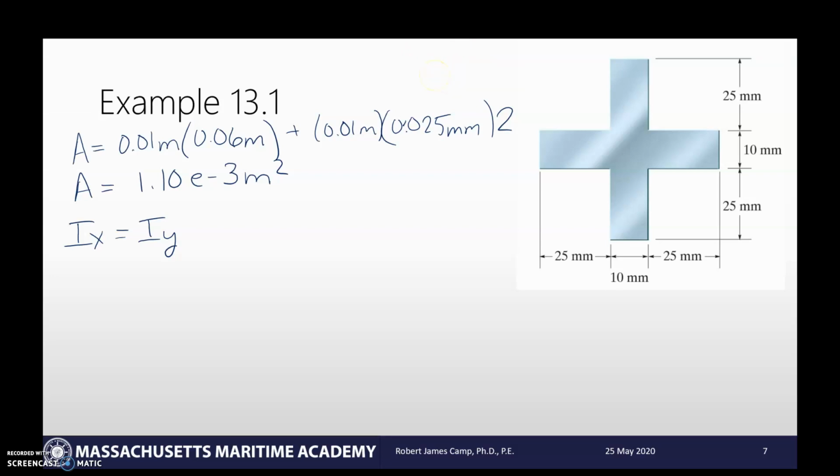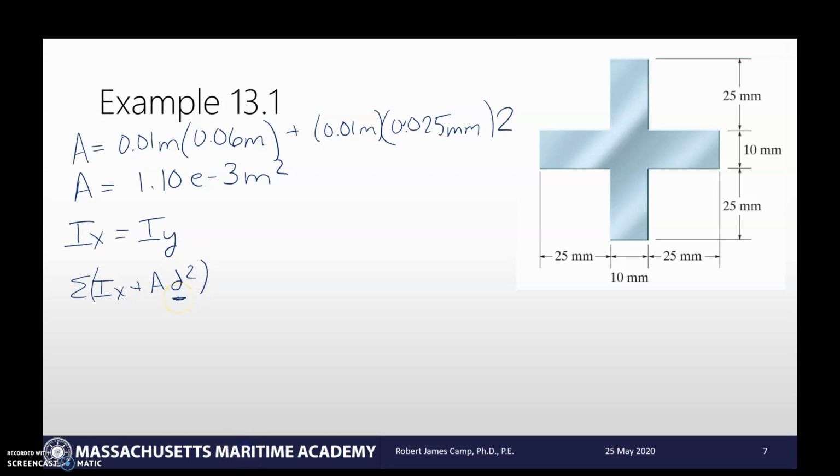Which is nice because when we're dealing with rectangles, they're all just base times height cubed over 12. Makes it pretty simple. Now, also with these, it's the parallel axis theorem. So what is the parallel axis theorem? Remember, that's going to be the sum of all the moments of inertia about the centroid plus A d squared.